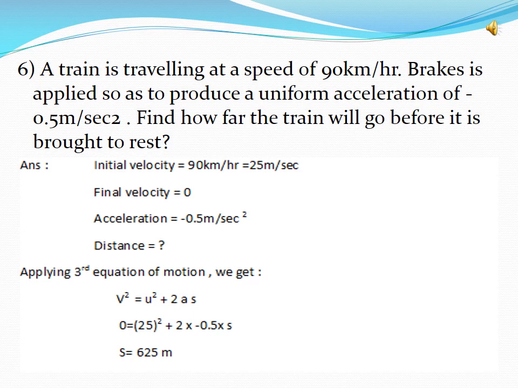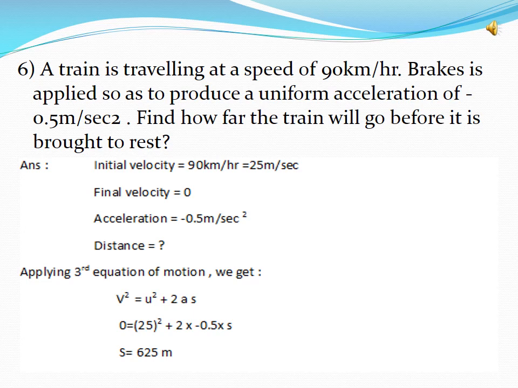Final velocity v is equal to 0 because finally the train comes to halt. Here the acceleration is the negative acceleration, which is equal to minus 0.5 meter per second square. We have to find the distance s. Here we apply the third equation of motion.